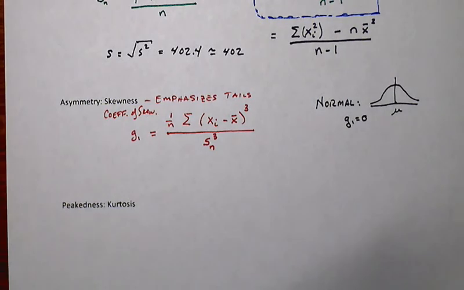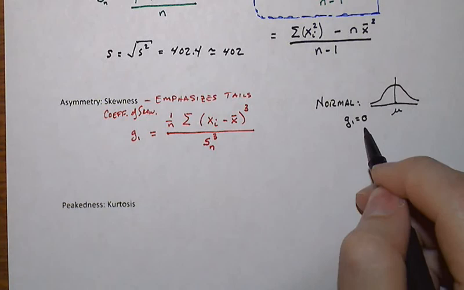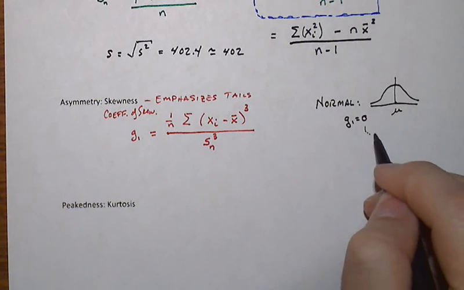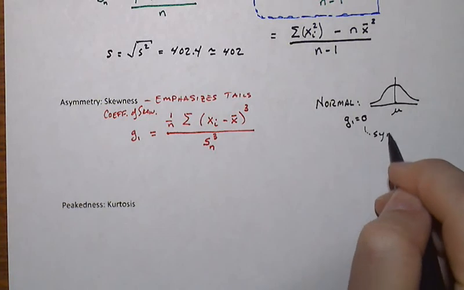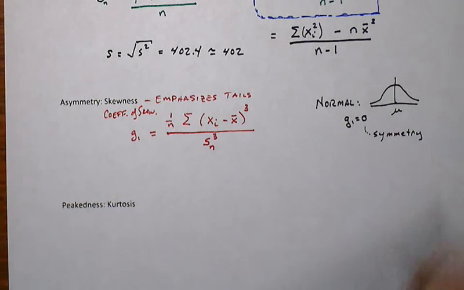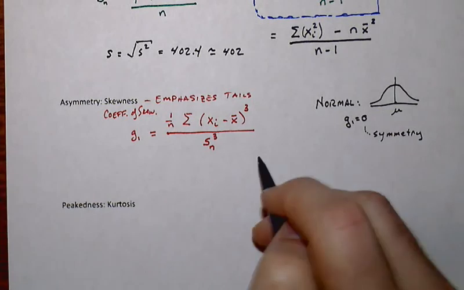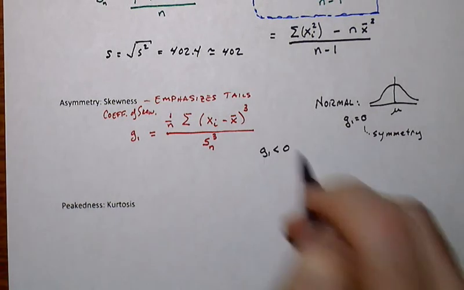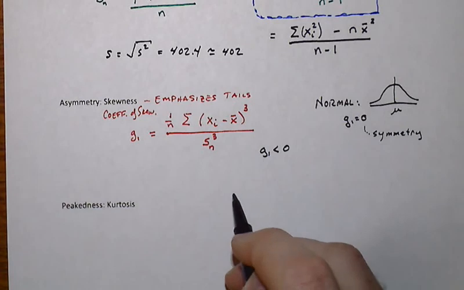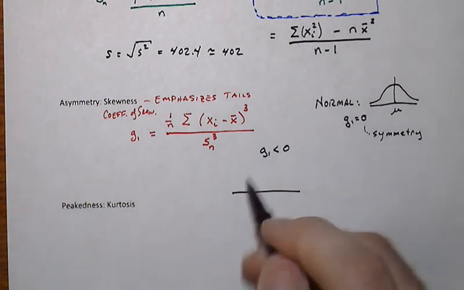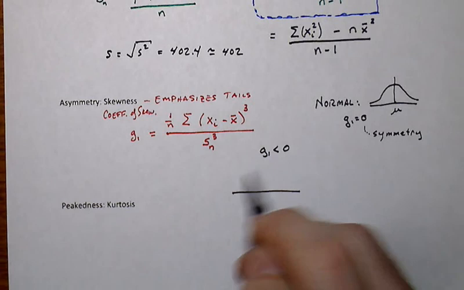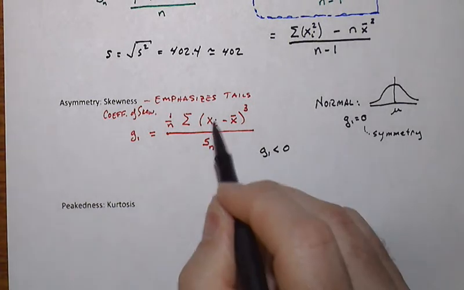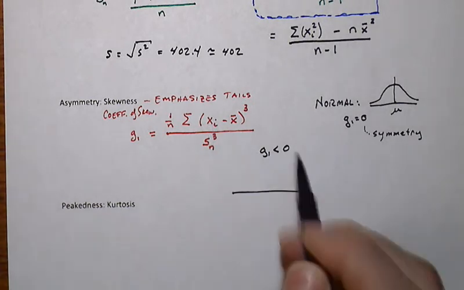And that's a key thing here, that 0 indicates symmetry. Right? G1 that is less than 0 indicates negative skewness. And that means that it's a shape that's heavy with the negative values, that we have a lot of values that are less than the mean.